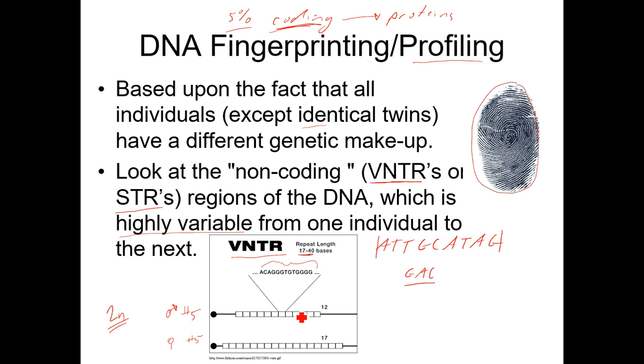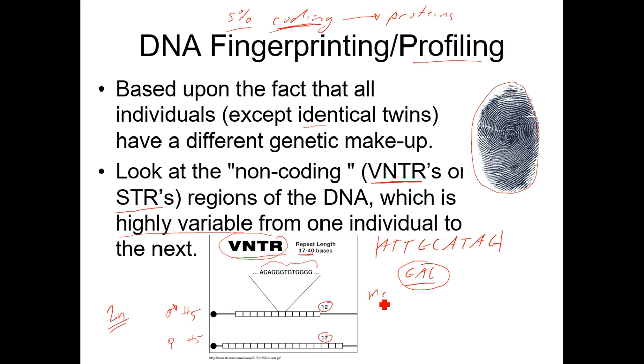But if we take a look at this chunk of DNA, the VNTR, or again, it would be the same thing with the STR, what we see is that there are a different number of chunks or repeats on the chromosome that came from one parent. In this case, they're saying 12, compared to the other parent, which is 17.